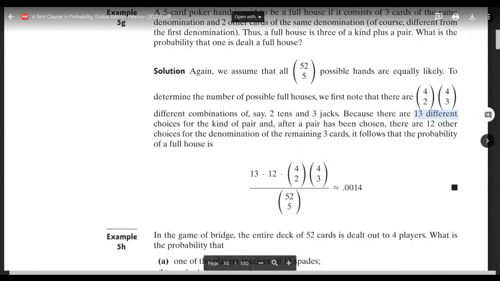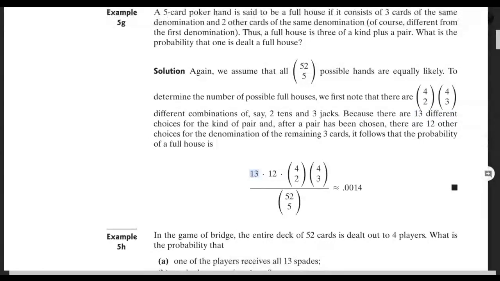So the first one will be 13 choices, and the second one will be 12 choices, because 3 are the same denomination and 2 are the same denomination, and they cannot be the same.